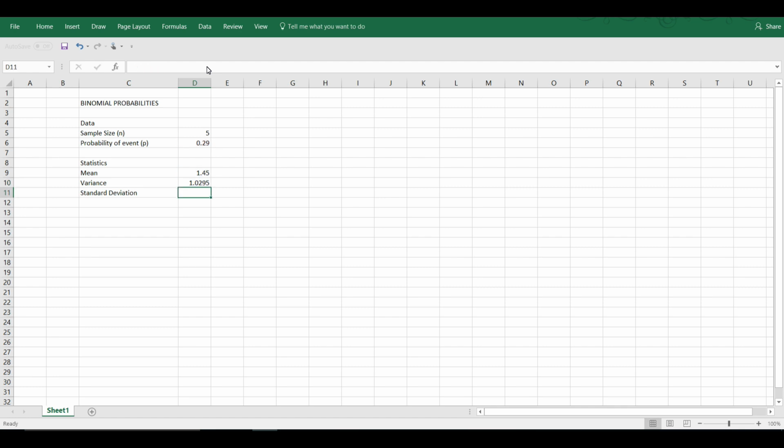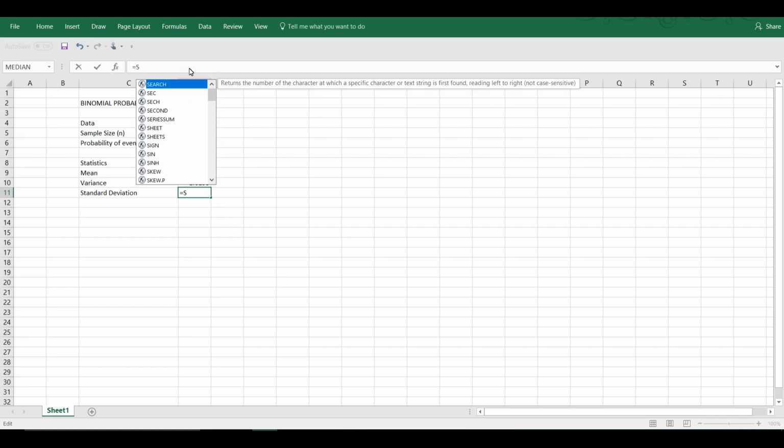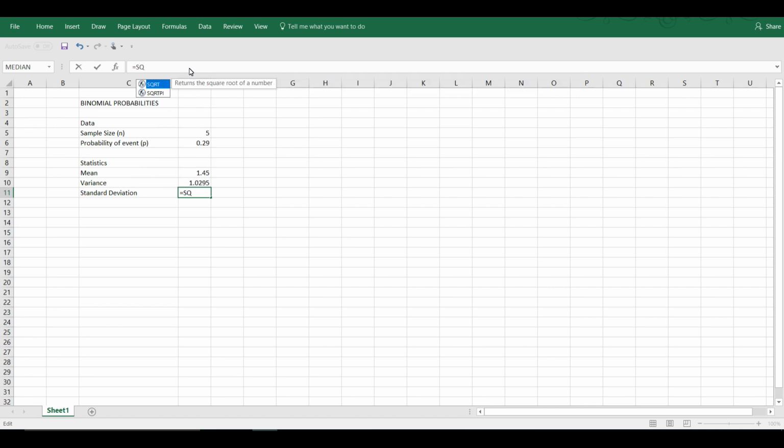And that gives me the variance. And finally, for the standard deviation, it is always the square root of the variance, so I would type in SQRT, that is square root, and the square root of what? The square root of D10. And that gives me the standard deviation.